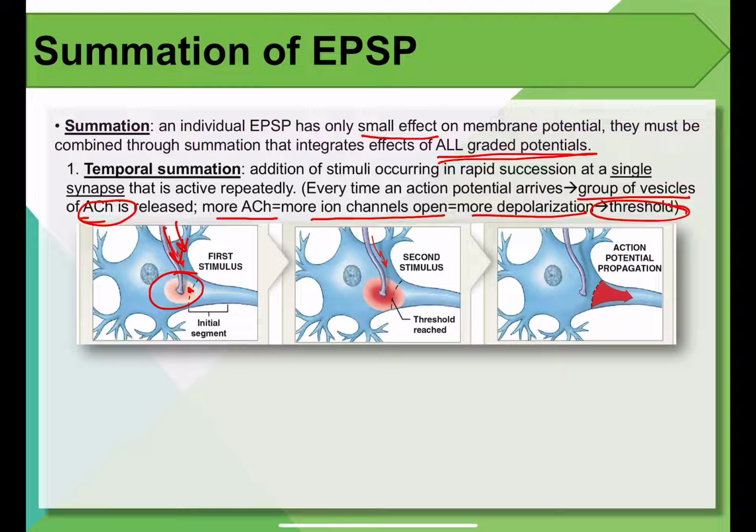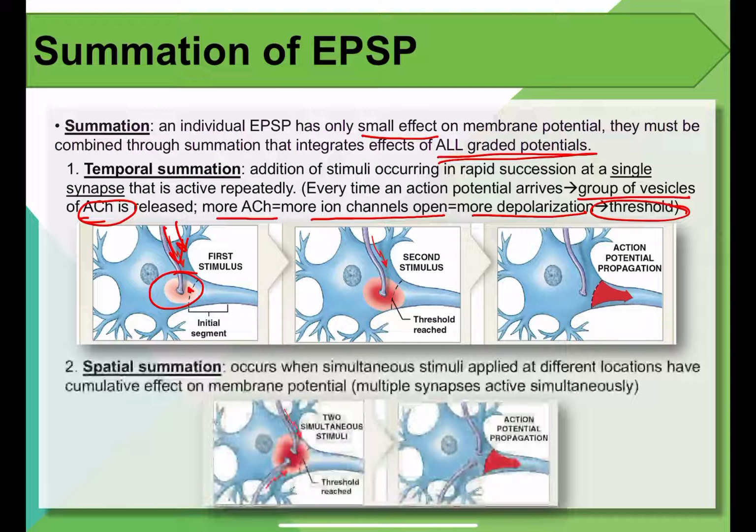More acetylcholine is being released in the synaptic cleft because you have continuous stimulus coming through from the presynaptic neuron. Okay, now spatial summation is the second type of EPSP summation, where two stimuli are arriving at different locations on the postsynaptic neuron simultaneously, resulting in that same cumulative effect on the membrane potential that will activate your action potential onwards in the axon.